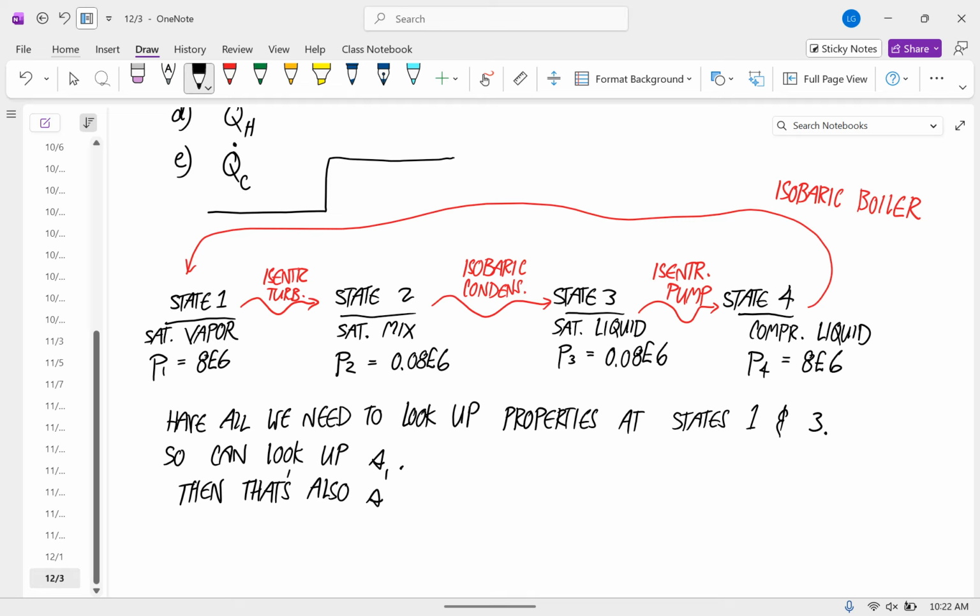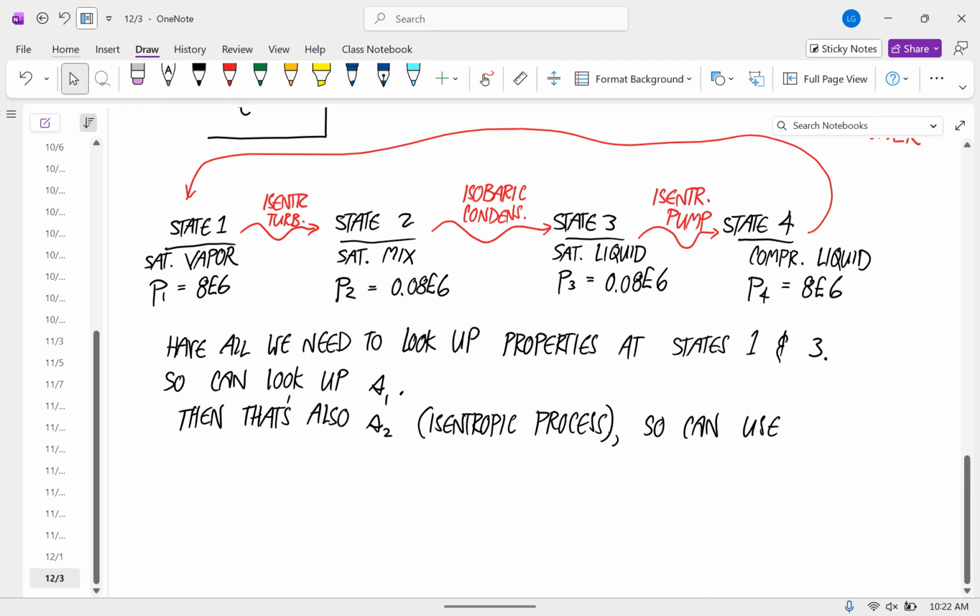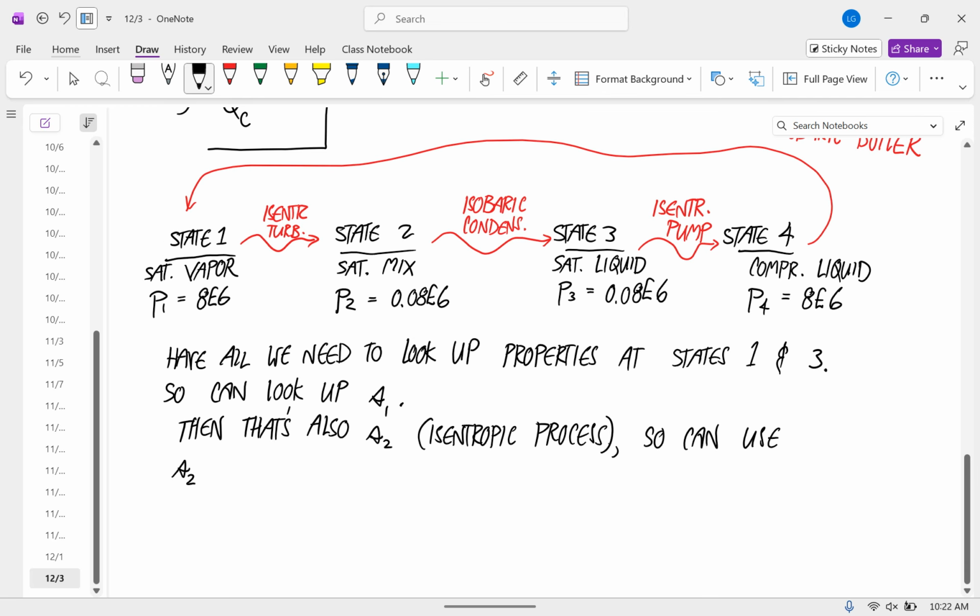So that's also S2, because that's an isentropic process. So we can use S2 to calculate the quality at state 2. Once we have the quality and the pressure, we can look up anything we want at state 2.